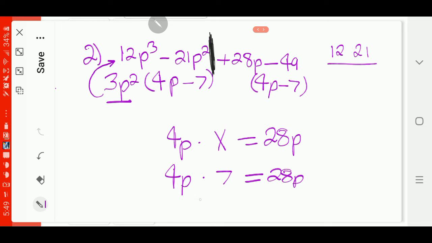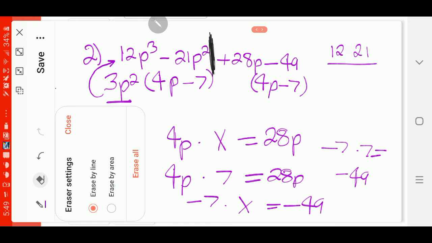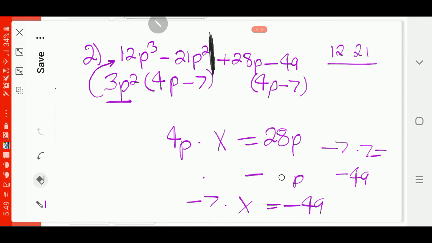So what about negative 7? Negative 7 times x equals negative 49. So let's try our 7. So negative 7 times 7 equals, you guessed it, negative 49. So I'm just going to quickly erase this.